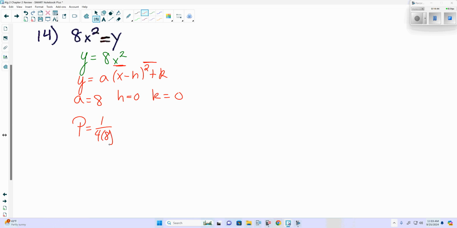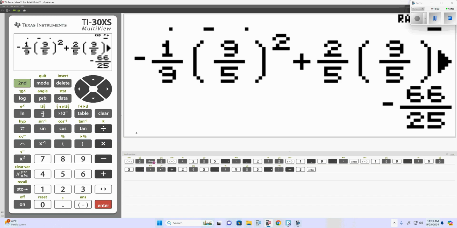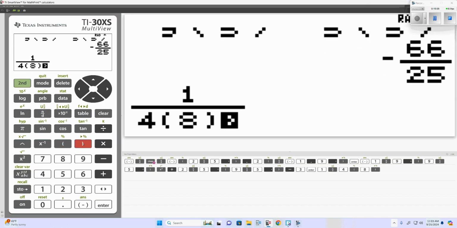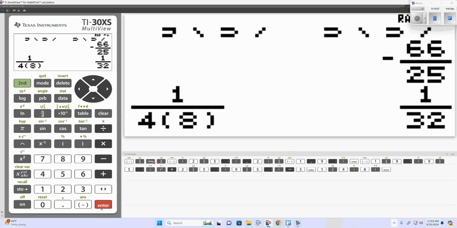Now, for when we're finding the focus, directrix, and axis of symmetry, we don't need a, we need p. In p, again, straight from the back, p is 1 over 4a, 1 over 4 times 8. Again, we can just plug that in the calculator, and it'll tell us it's 1 over 32.